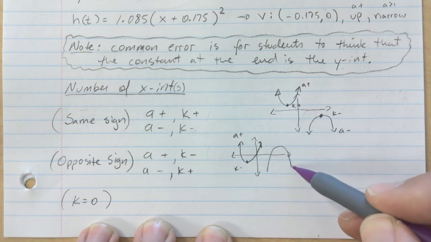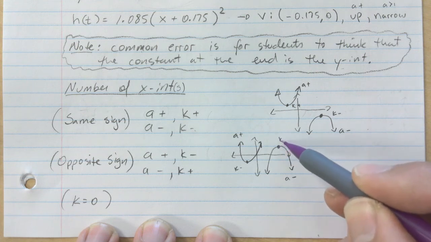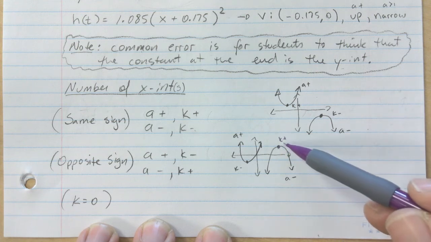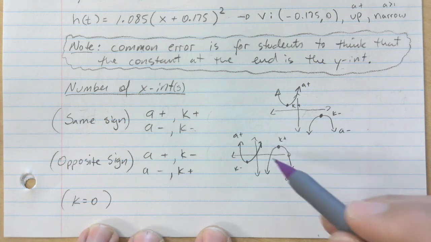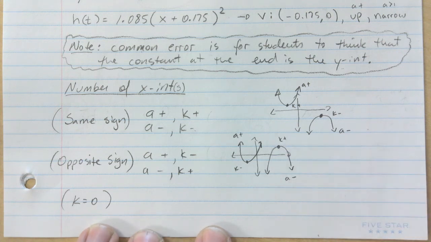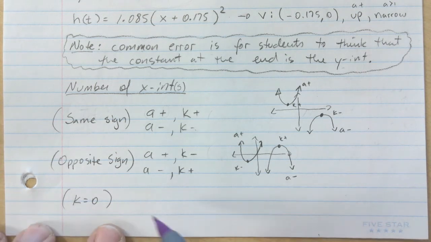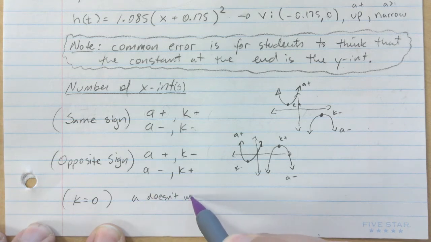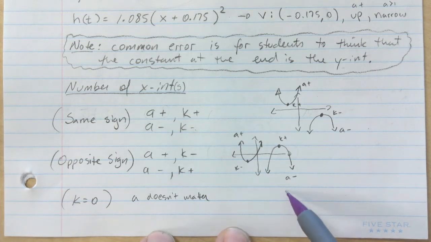And the other way around, if A is negative and K is positive, right, the y value of the vertex is above the x-axis, you also will have 2. And then if K is equal to 0, A doesn't matter, right? If K is equal to 0, that means that you're right on the x-axis.